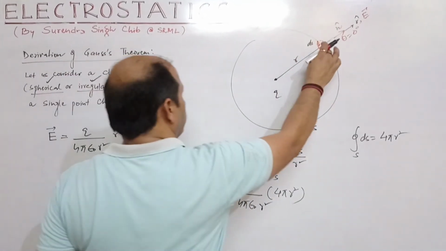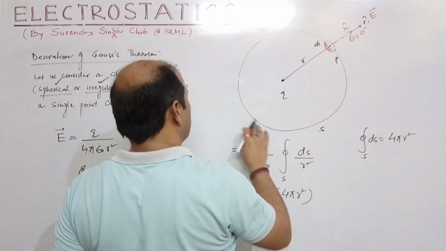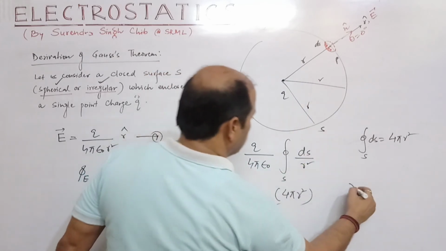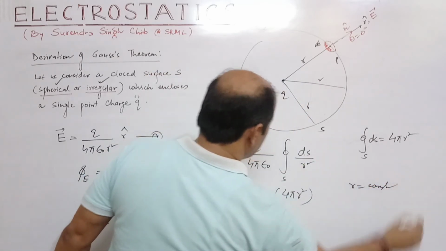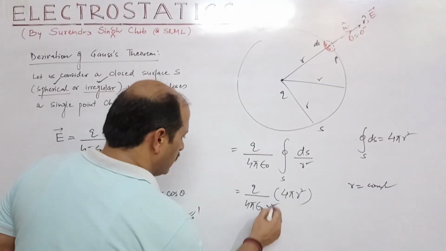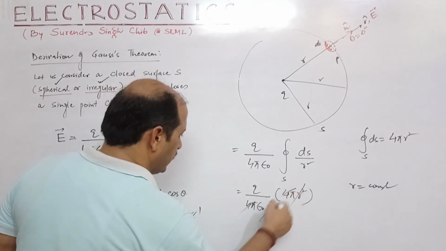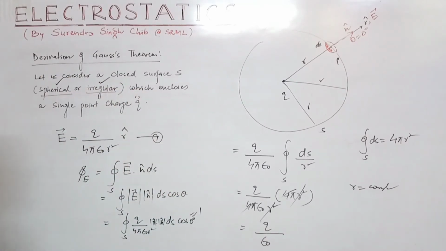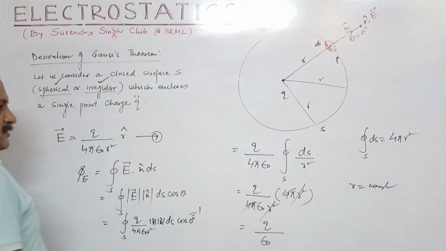Why? Because if you take the point here, or here, or anywhere on the surface, the distance r will remain the same, so you can take r as constant. So 4 pi r square cancels, 4 pi cancels. What's the answer? It is q upon epsilon naught. So what is electric flux?